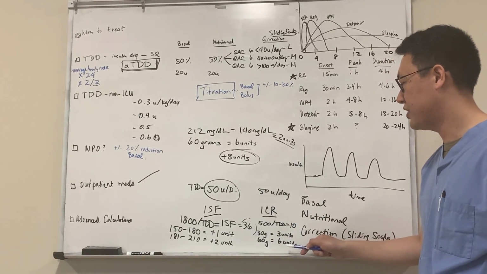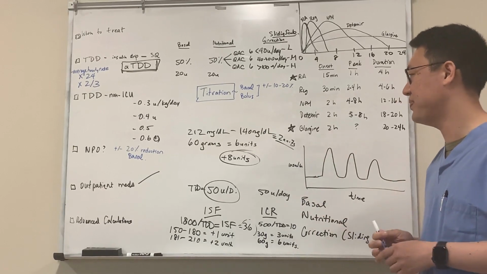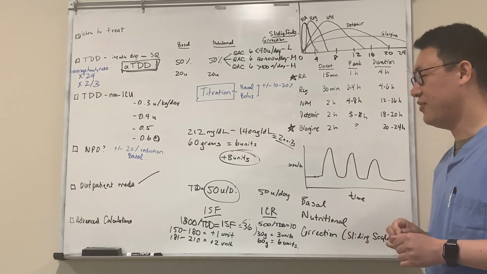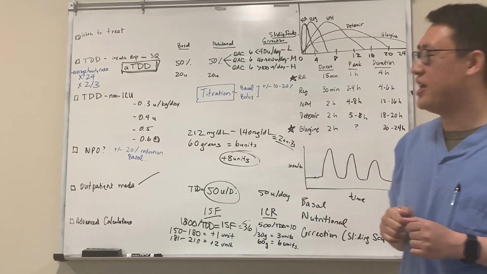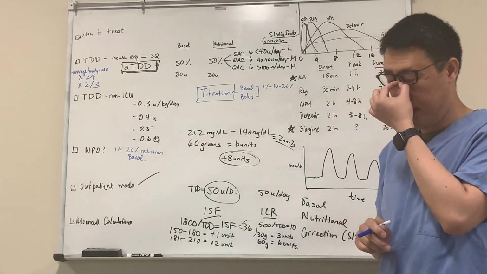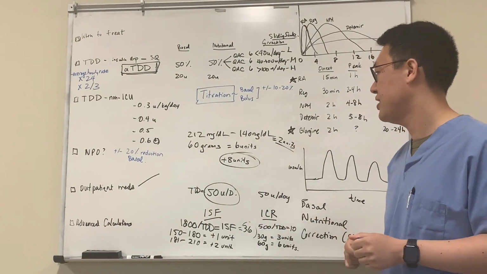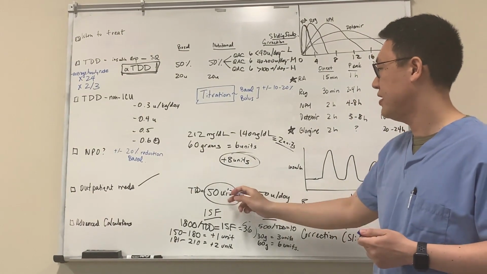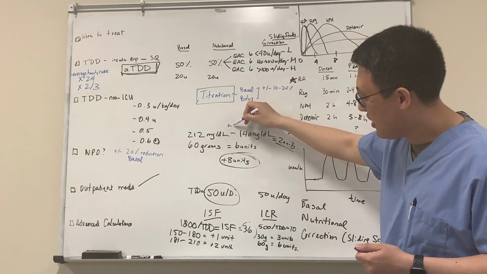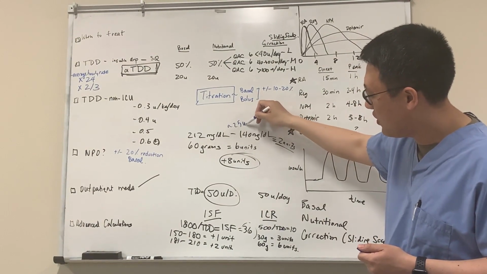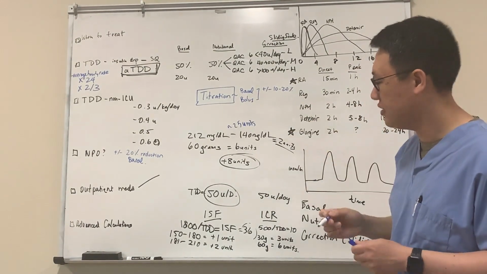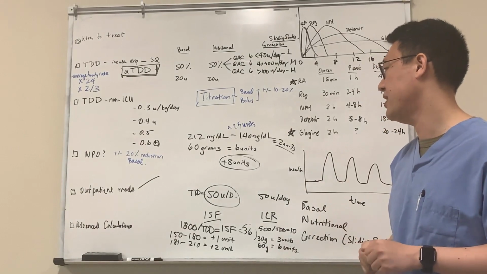To sum this all together, we have a hypothetical example of a patient who normally takes about 50 units a day of insulin. That means, ideally, he's probably on 25 units of a long-acting basal insulin once a day.